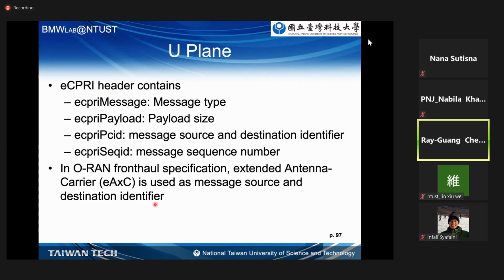We just mentioned you have many antenna. So at the RU side, they need to know which antenna needs to transmit this IQ signal. So this is an important term because this is the source and the destination ID. If your ID is wrong, it will transmit through the wrong antenna, so everything will go wrong.